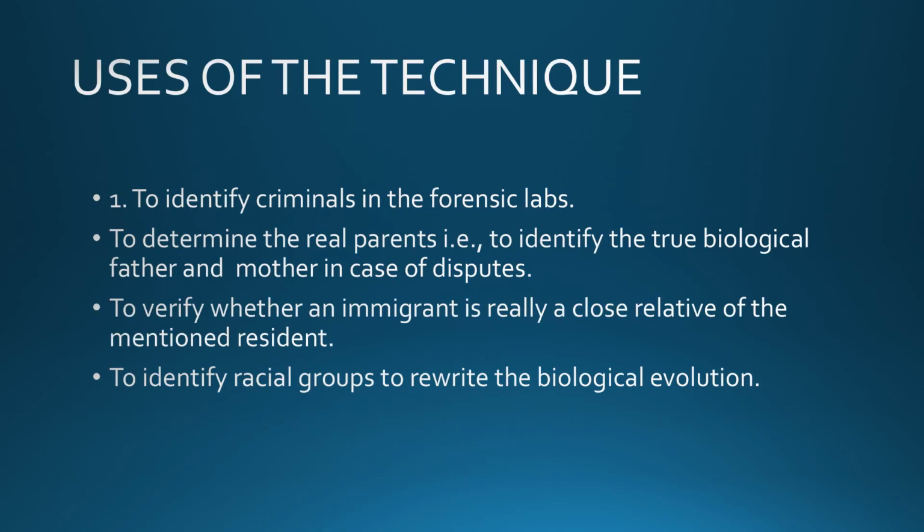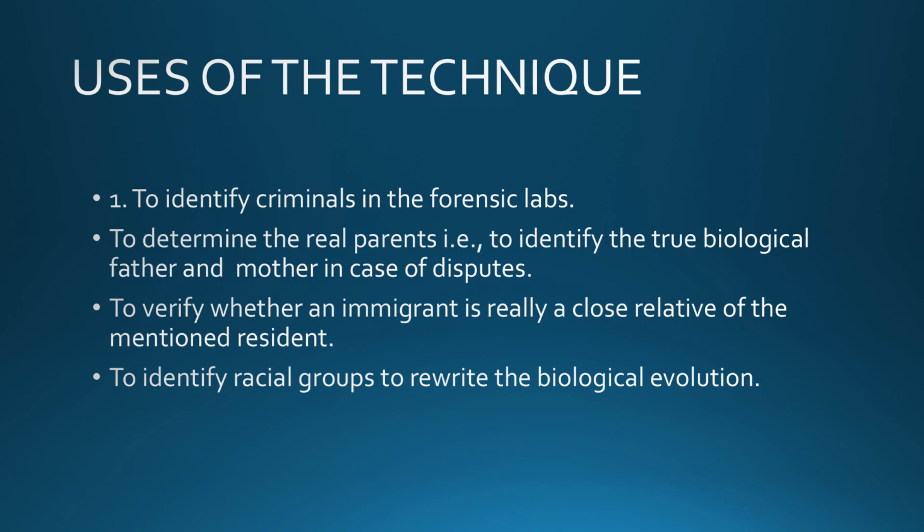Now, what is the utility of this DNA fingerprinting technique? First, it is used to identify criminals in forensic labs. Second, it is used to determine the real parents. The question arises, who are the real parents? Real parents means the true biological father and mother, if there is any case of dispute.